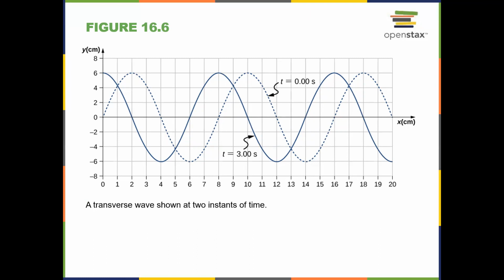So here it is now, and 3 seconds ago, it was back here. So it's moving to the right. And once again, if this was a string or water, the water or the string would be moving up or down.